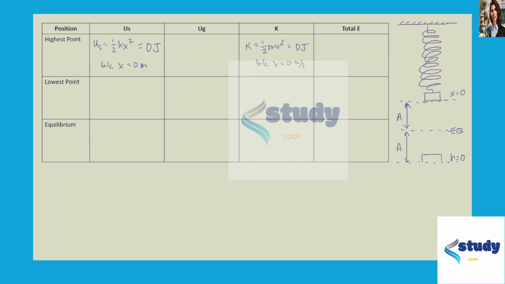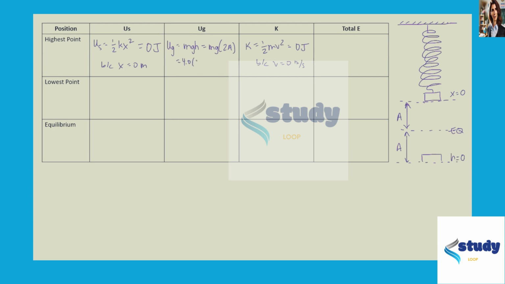And so this tells us that all of the energy stored in this system is going to be from the gravitational potential energy. And we can calculate gravitational potential energy with mgh. And like we discussed when making our diagram, that means we need mg times twice that amplitude.